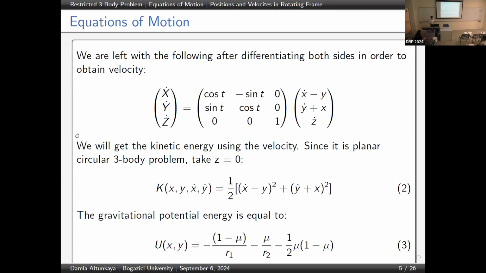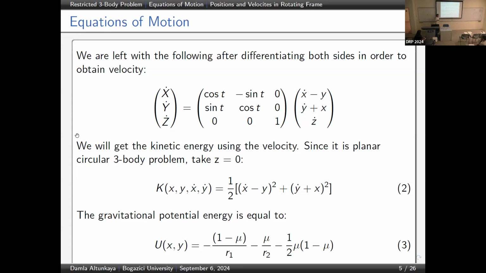In the potential energy, we will have a parameter called mu, the mass parameter, and our phase space just depends on the mass parameter, which is equal to m2 over m1 plus m2. I mean, you can change the system just by changing the value of mu.